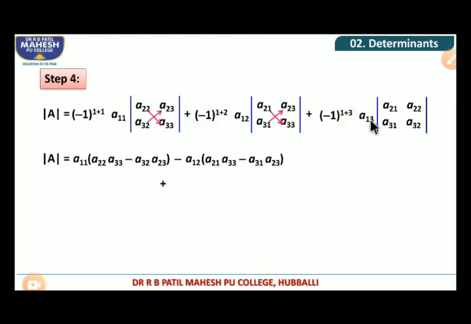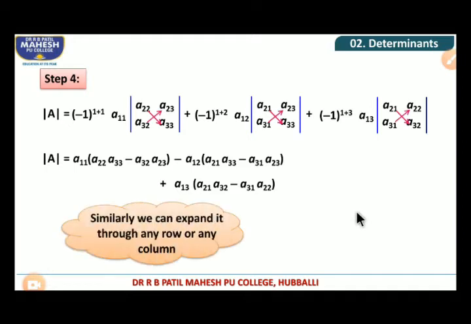So plus A13 into the determinant value A21 into A32 minus A31 into A22. Similarly, we can expand it through any row or any column. So this is the value of the determinant, and this is the process of finding the value of a determinant of order 3.